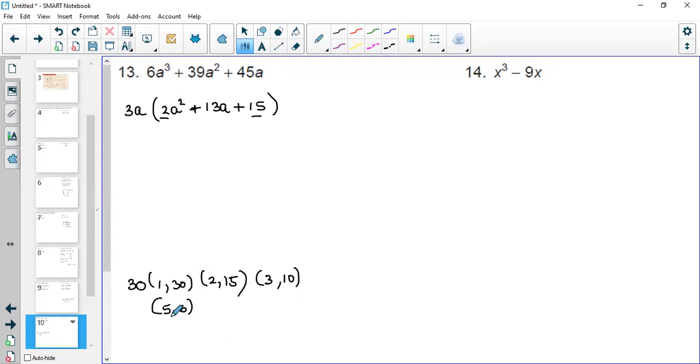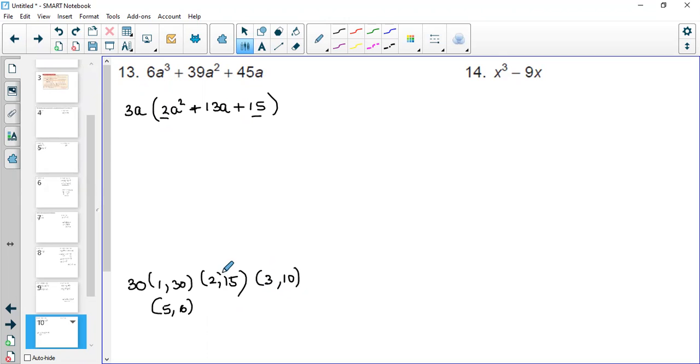But all I could work with is with, which one? I need to get a positive 13. So I could work with this. Because all of them are positive, which means I need to add two numbers, not subtract.